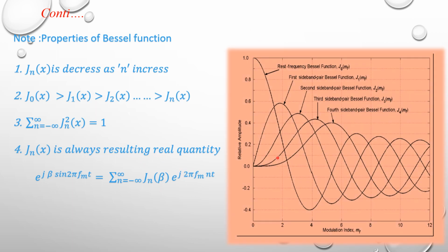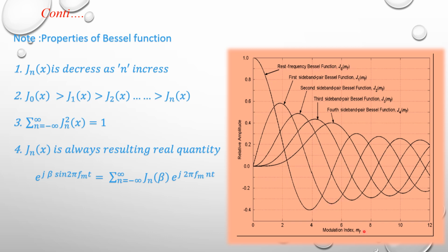For example, take the vertical axis as the relative amplitude and the horizontal axis as the modulation index. The first property says Jn of x decreases as n increases, and the second property says J naught of x is greater than J1 of x, greater than J2 of x, and greater than Jn of x. The first one is when n is equal to 0, and this is the amplitude level, the Bessel function J naught of the modulation index m of f.